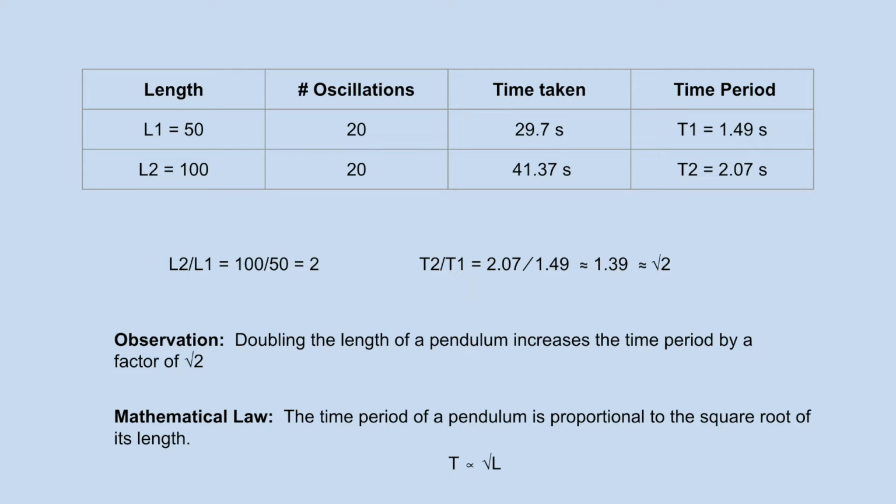When you compare the ratios, L2 to L1 is 2. However, the corresponding ratio T2 to T1 is approximately 1.39, which is a good rational approximation for square root of 2, which tells you that doubling the length of the pendulum increases the time period by a factor of square root of 2. The mathematical relationship is that the time period is proportional to the square root of its length.